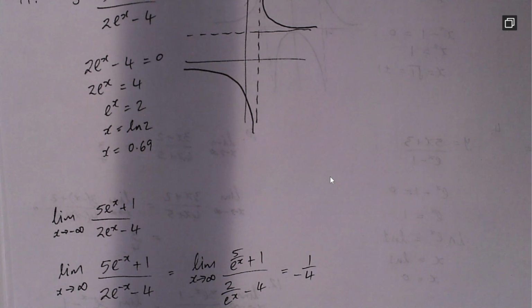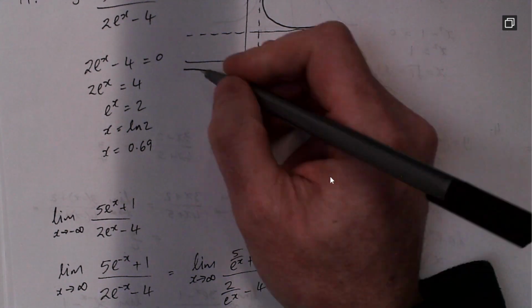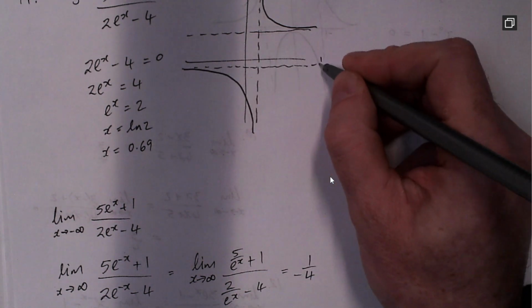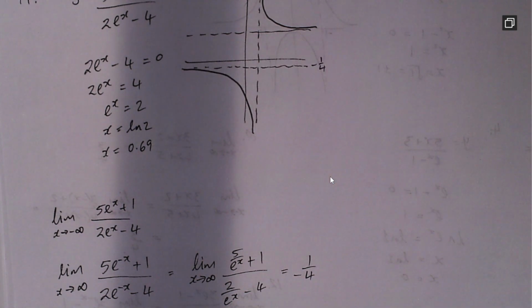With an exponential function, the asymptote goes to 1 over minus k and nothing in between.